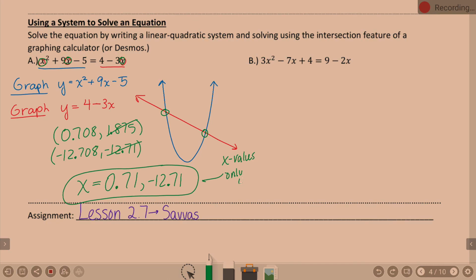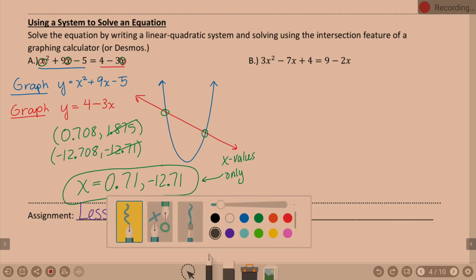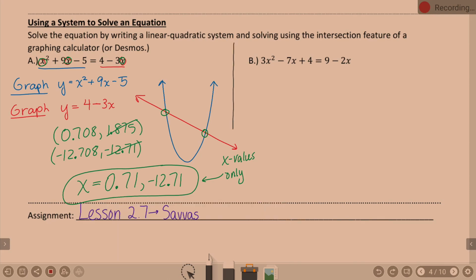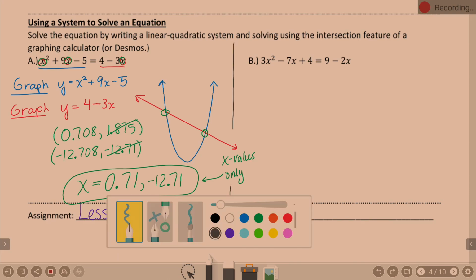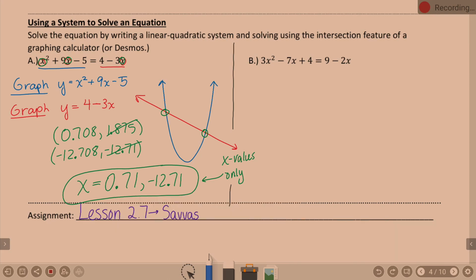Okay. One other problem real quick, and then you guys can have a little bit of work time. What are we going to start off doing on B? It's asking us to solve the equation 3x squared minus 7x plus 4 equals 9 minus 2x.